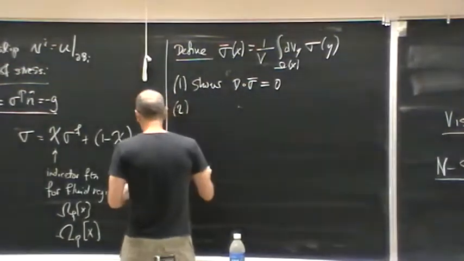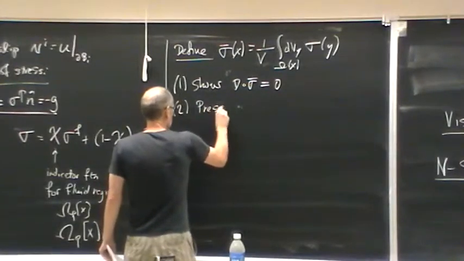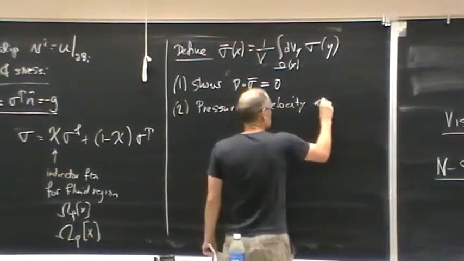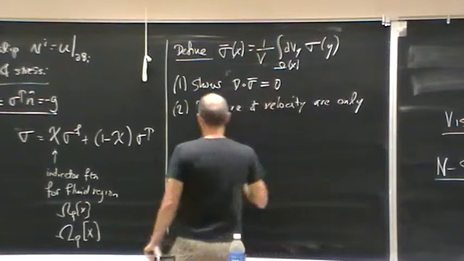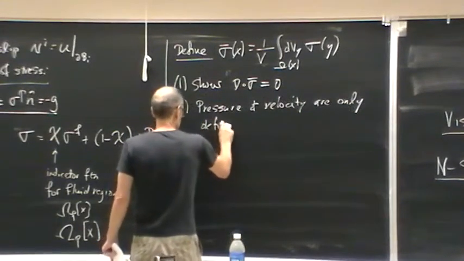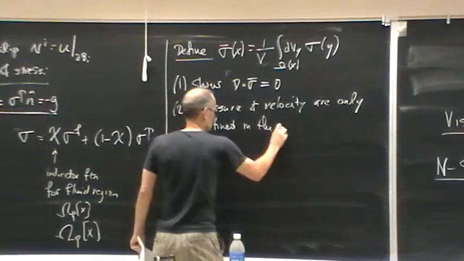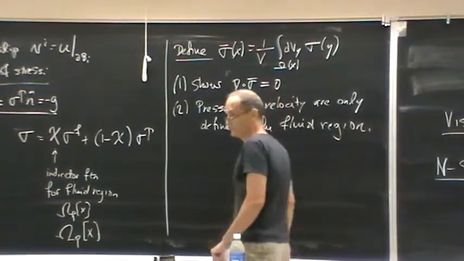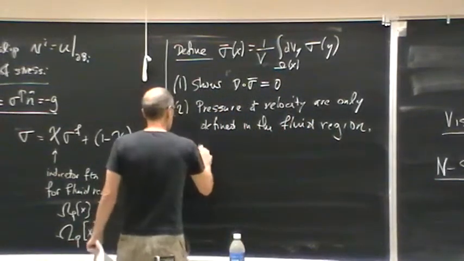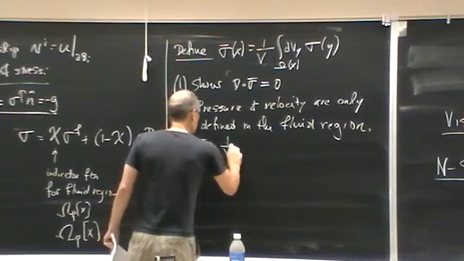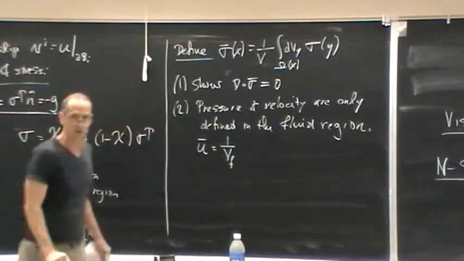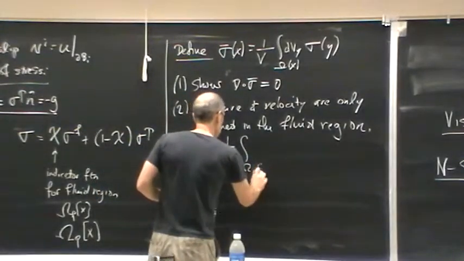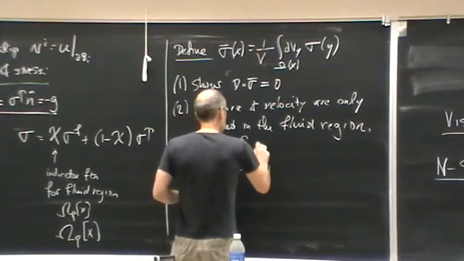My second comment is pressure and velocity are only defined in the fluid region. Okay, so I'm going to define then a U bar, which is 1 over the volume of the fluid region, an integral over the fluid region, dVy.